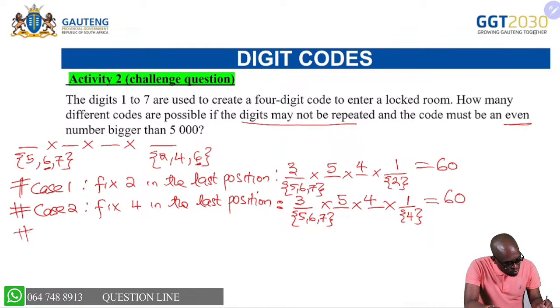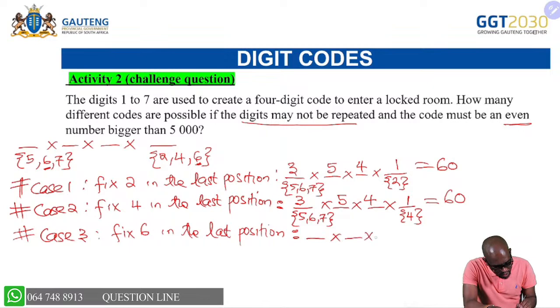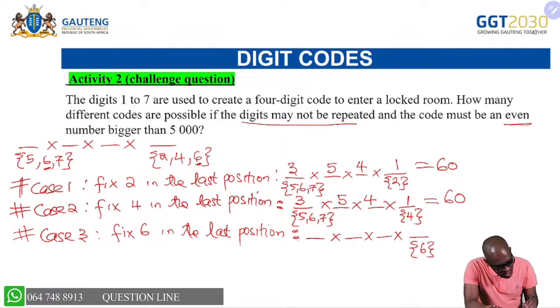Right, then we work with our last case. Case 3, we're going to fix 6 in the last position. If I fix 6 in the last position, then I open 4 spaces because I'm interested in a 4-digit code. I've fixed 6 in the last position, which means that now in the leading position, I cannot use a 6.